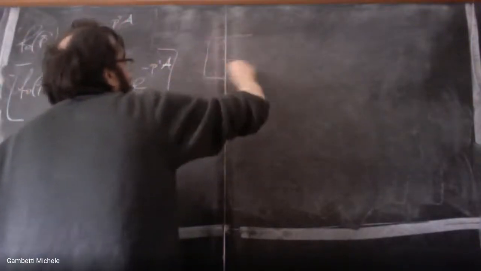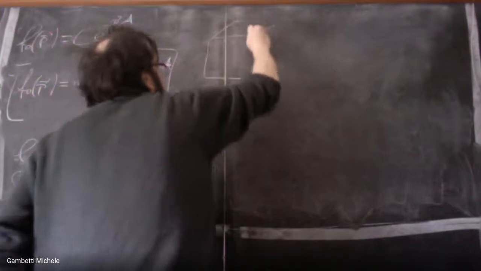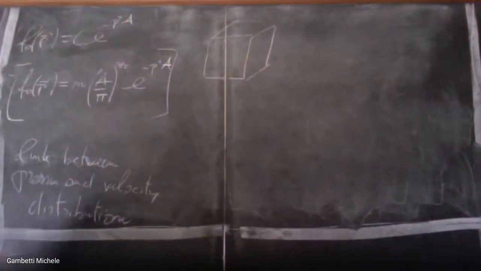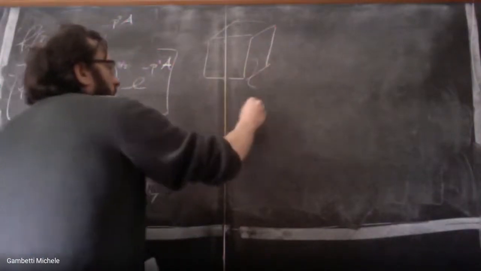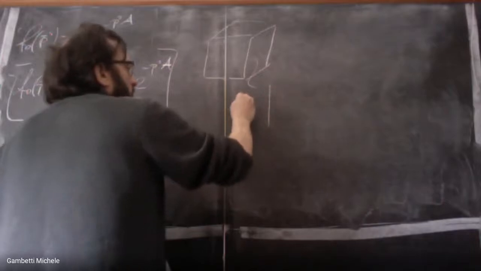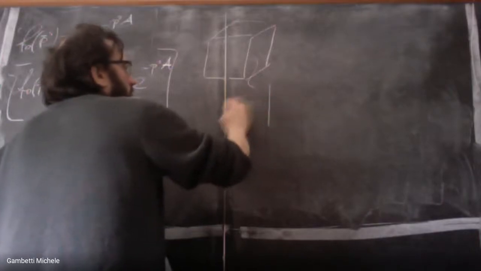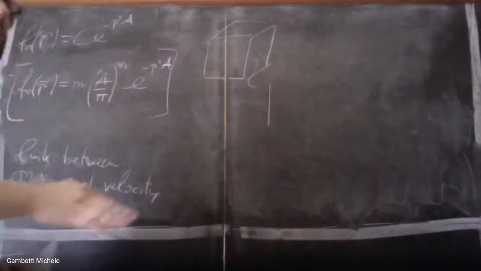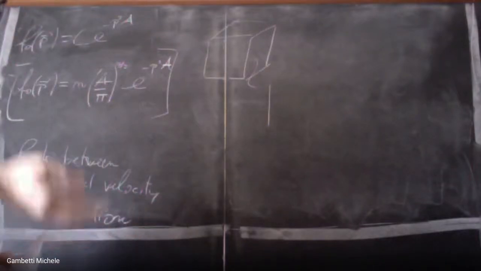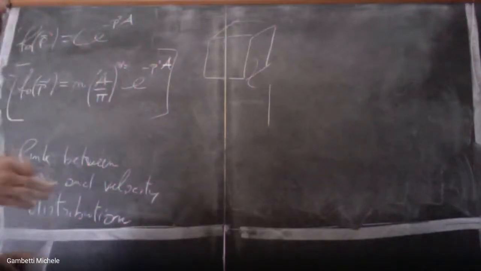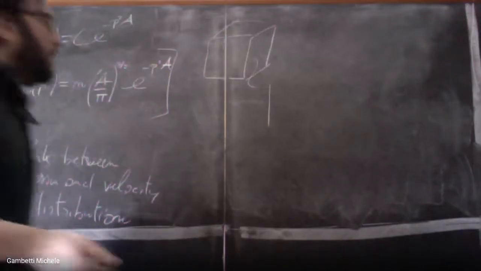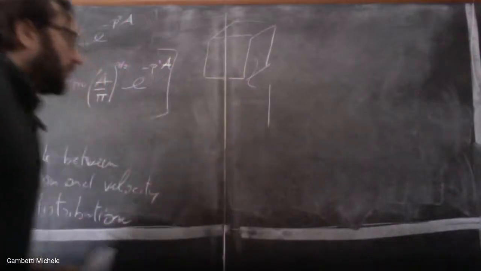Okay, so the idea is the following: you have a box, which contains your system, and you look at this, for instance, surface, and you have a particle, suppose with a momentum exactly orthogonal to the surface, but it is not important actually. You just need the component of the momentum which is orthogonal to the surface.